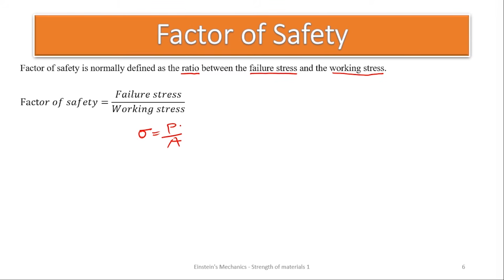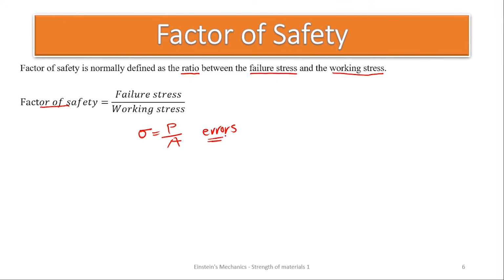But in actual sense, these factors are not known exactly. There are some approximations made, and it is possible we can encounter errors in our calculations. Therefore, it is good we leave some allowances in everything that we are doing. That's why this factor of safety was introduced.